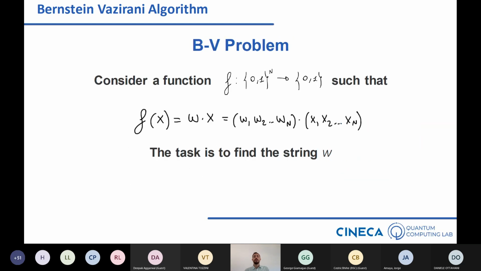Let me ask you again. Maybe you saw something. How would you solve this problem classically? How many evaluations of this function would you need classically in order to find the string omega?